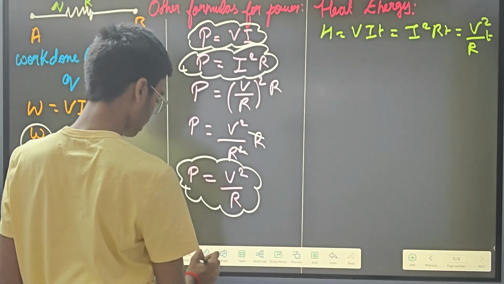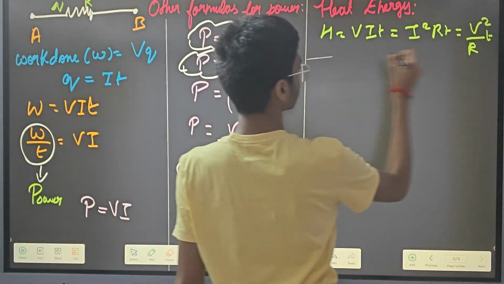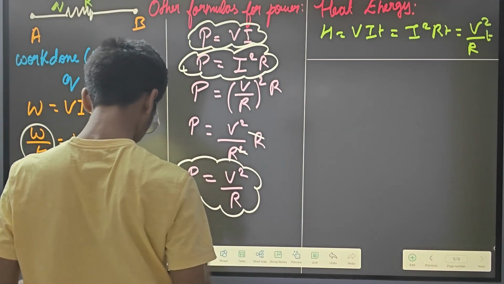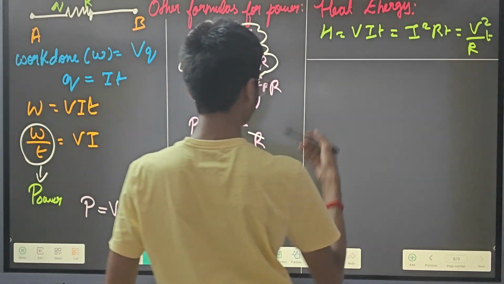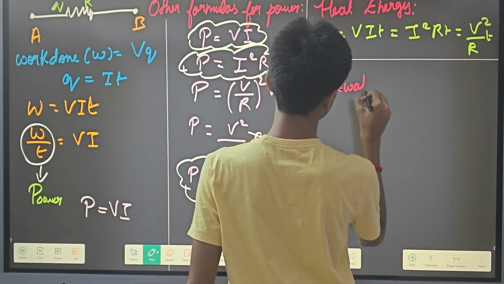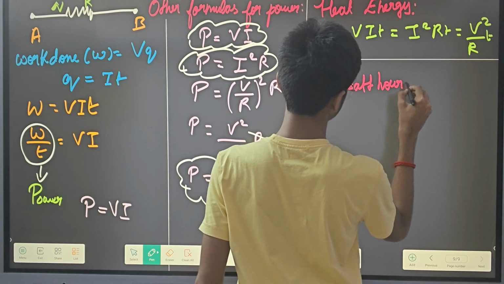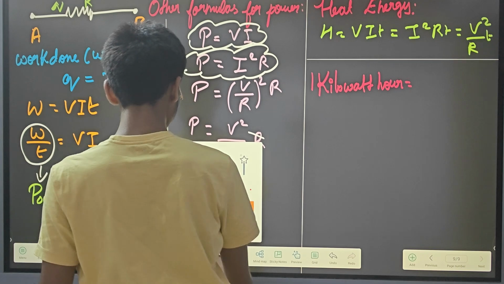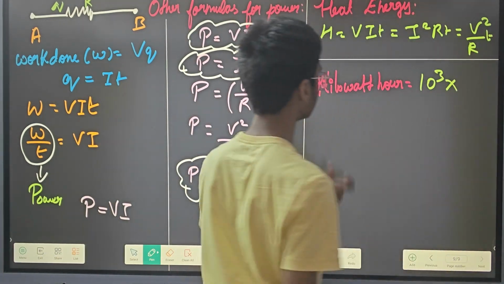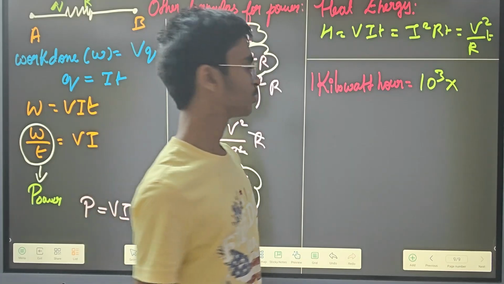Then at last, one kilowatt hour is equal to what? See, kilo means 10 to the power of 3 into watt. Leave it as watt itself.